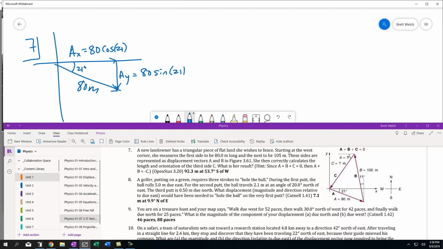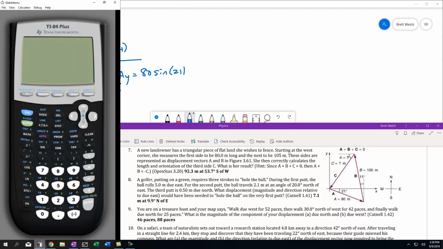That's our basic trigonometry. To get the x component, we use cosine. To get the y component, we use the sine. Check your calculator's mode. Make sure that you're in degrees, not radians. And then you should be able to calculate 80 sine of 21. So for my y value, I get 28.7.